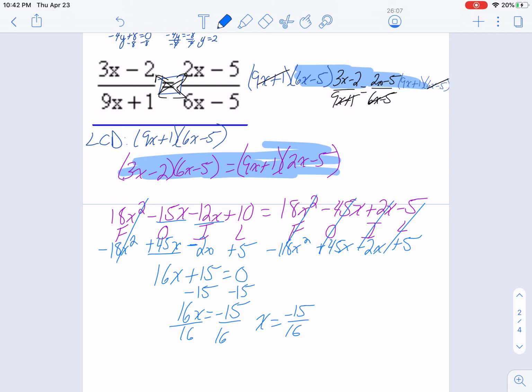So let me look through my work here and make sure I didn't make any mistakes. The math looks good to me, so if you find an error down the road, let me know. But this is showing a little bit more of a complicated rational equation.